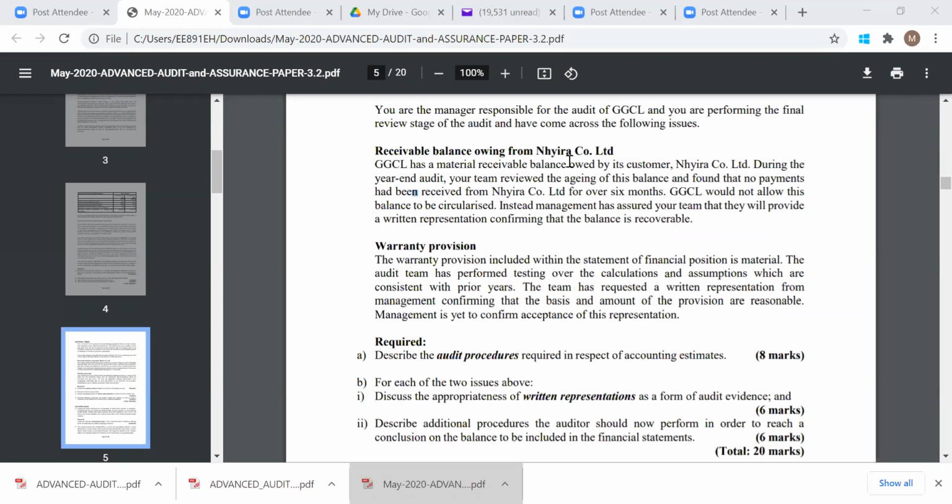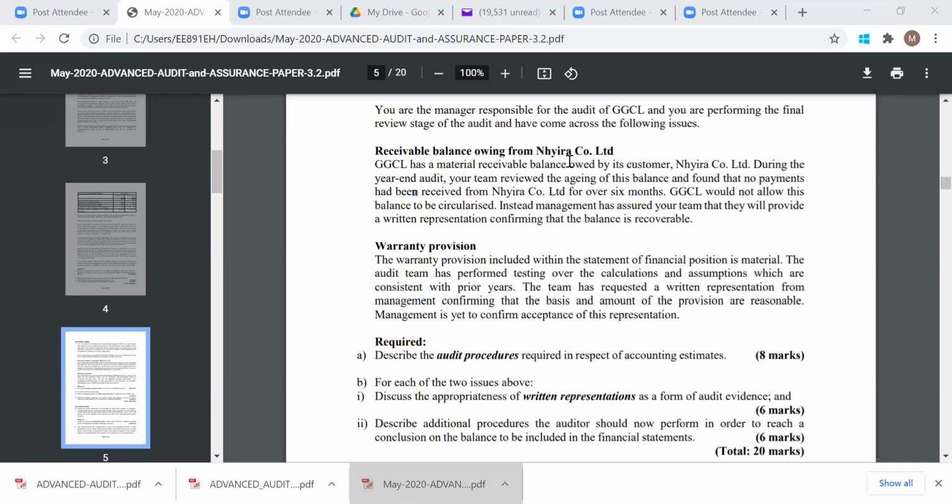On the other hand, with warranties, they would want to decrease their warranty provision, so it is not as risky as receivables.